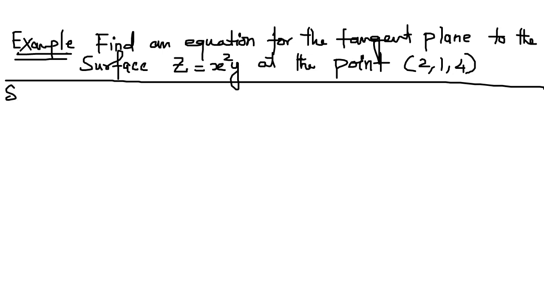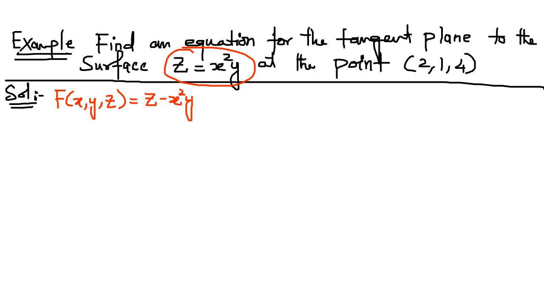So solution, we need a function with respect to x, y and z. Okay, so this equation is given to us, z is equal to x square y. So you have to change this into the function of x, y and z, that is equal to z minus x square y. Okay, is this clear?